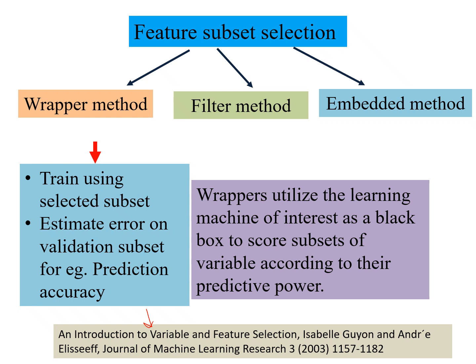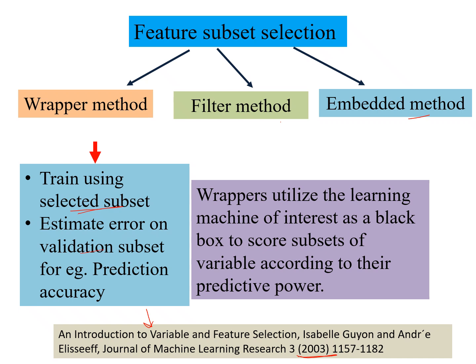So feature subset selection is broadly categorized into wrapper methods, filter methods and embedded methods. So what is the wrapper method? Here we train using a selected subset and estimate the error. That means we use some algorithm and test the error on the validation subset.